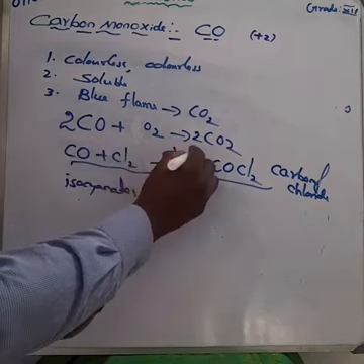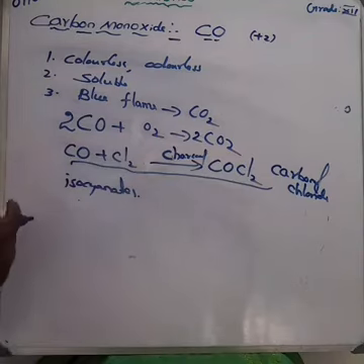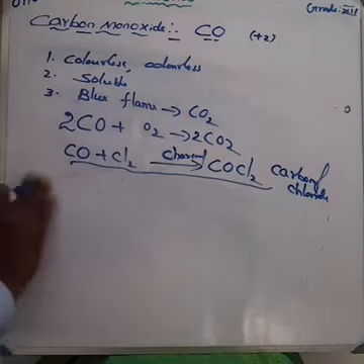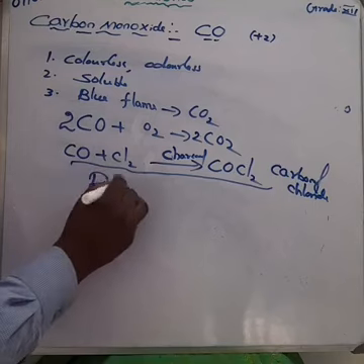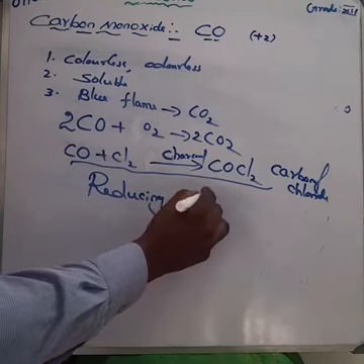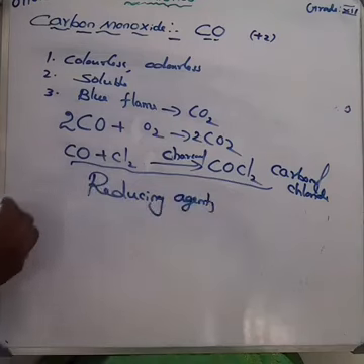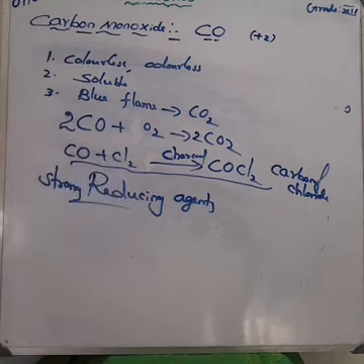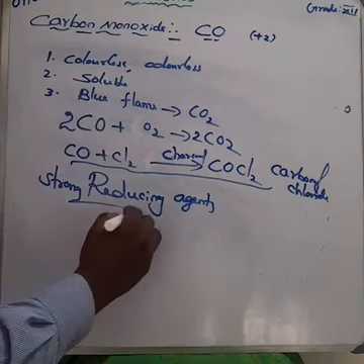Next one is very important. Already we learned in the first lesson, carbon monoxide acts as a strong reducing agent. That is in the Ellingham diagram; the applications of the Ellingham diagram we learned thoroughly. Carbon monoxide reacts with iron oxide, the formula is Fe2O3.